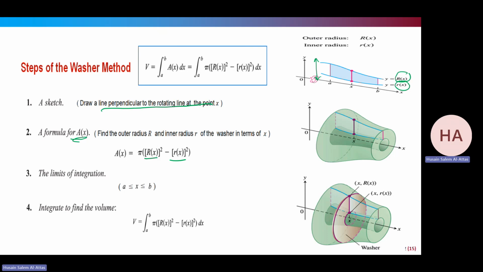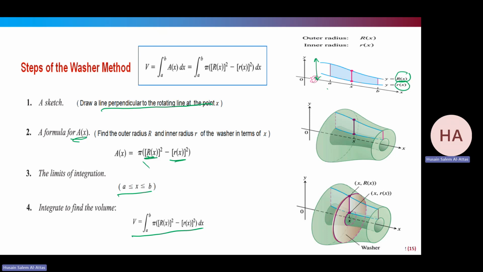So I need to do the bigger one minus the small one. The outer radius will deal with the capital R and the inner radius with the small r. And then I have the limits of integration, the same thing, from x equal a to b, then I will do the volume.